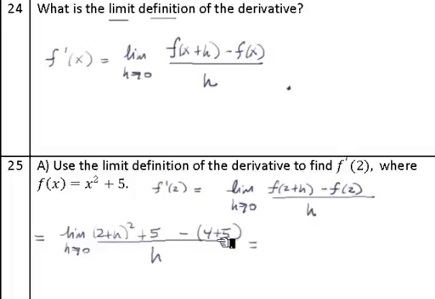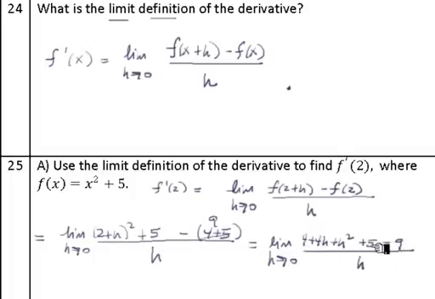All right, so this is 9. Let's square out 2 plus h squared. That would be 4 plus 4h plus h squared plus 5 minus 9 over h.